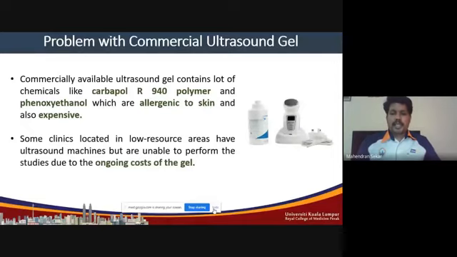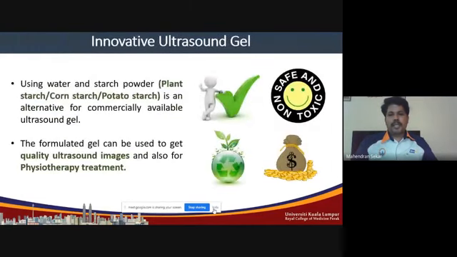It is mainly for clinics located in low resource areas, for example in villages, where a small clinic might have an ultrasound machine but not the gel to perform ultrasound imaging and ECG recording. Based on our procedure and formula, they can prepare their own ultrasound gel and take the ultrasound images.